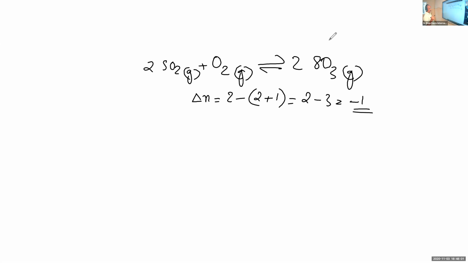Delta N is equal to minus 1. Therefore, Kp is equal to Kc into RT raised to minus 1. And that is the value. See, you can find out the value like this very easily. It's very simple.